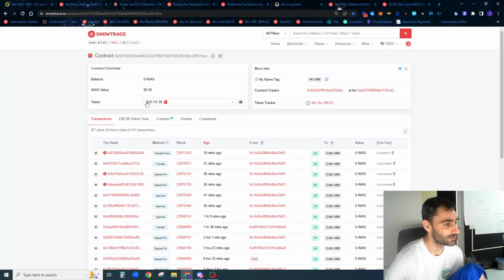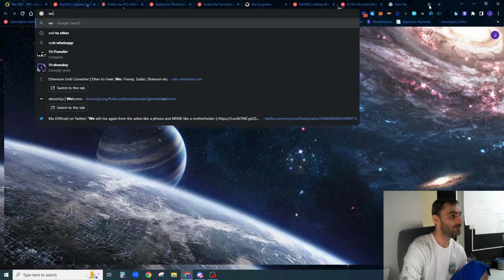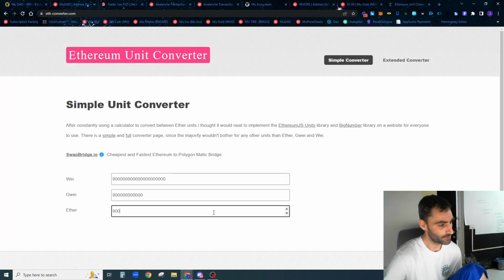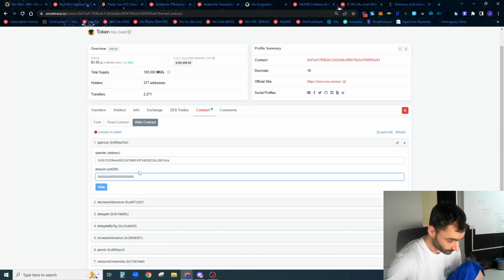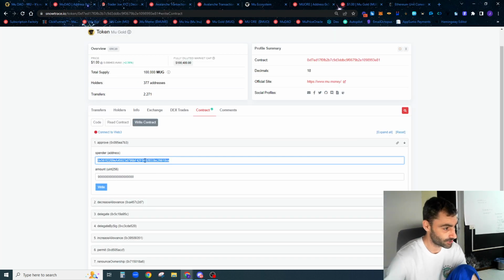Our spender is the Mu ore contract, and then we do ETH to wei 900, this value right there. Whenever we hit approve, literally this function right here has been called.